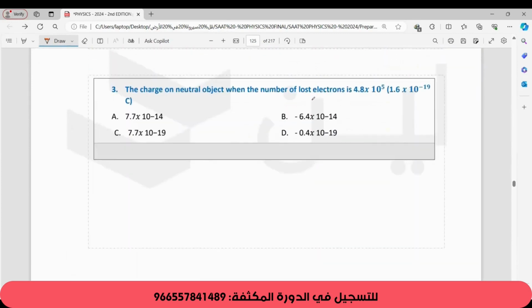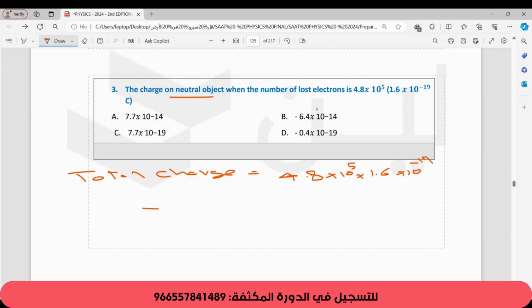Awesome. Now this is the third question, with the same principle. The charge on a neutral object when the number of lost electrons is 4.8 times 10 to the power 5. Same principle, total charge equals 4.8 times 10 to the power 5 times 1.6 times 10 to the power minus 19.